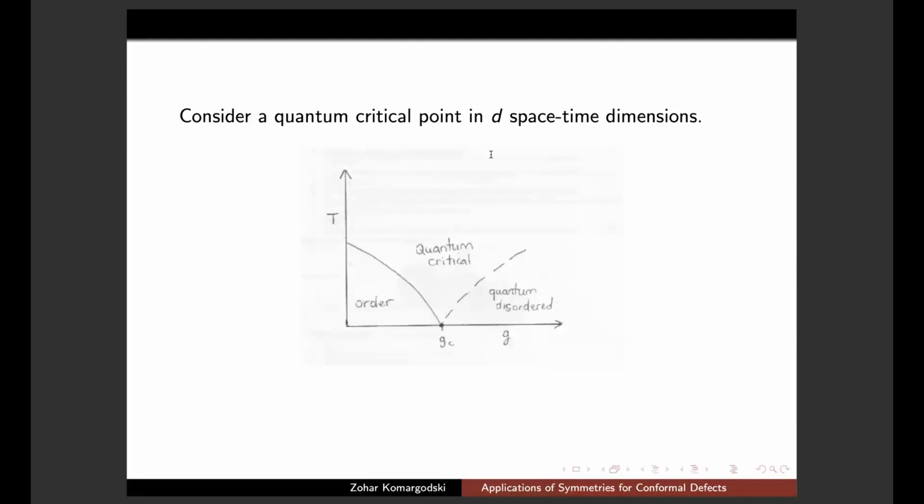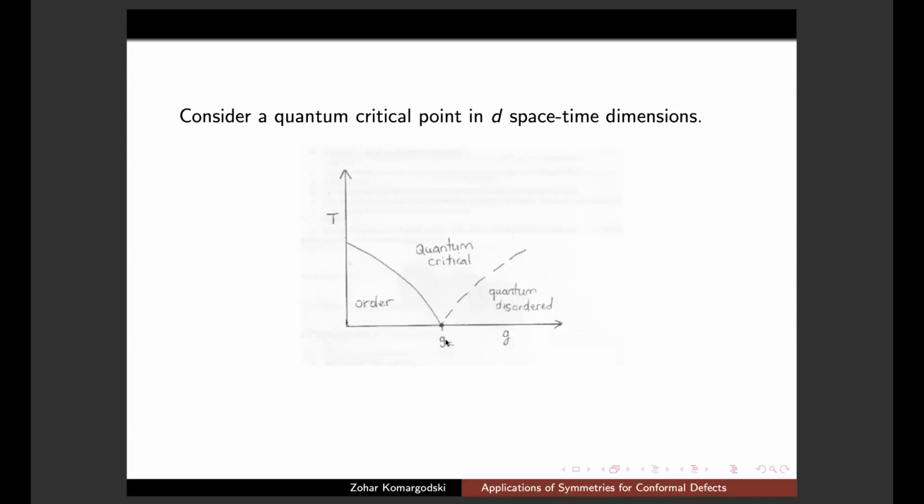Okay, so the introduction is the following. Conformal field theories arise in the condensed matter world from quantum critical points. So you take some system at zero temperature with a Hamiltonian, you tune the parameters, and all of a sudden, for some special choice of parameters, you get a diverging correlation length.